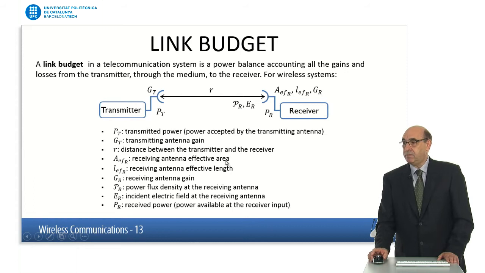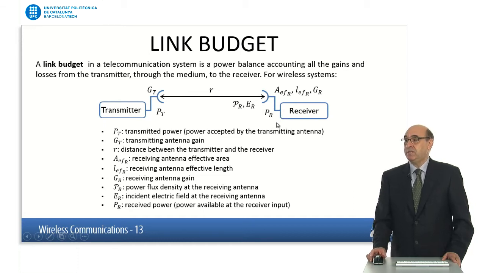So here you have the parameters and how they are defined. This is the receiving antenna, effective area, length, and gain. And we have here the power flux density and the electric field with this unit. And what we want to know is just the power received by this antenna.